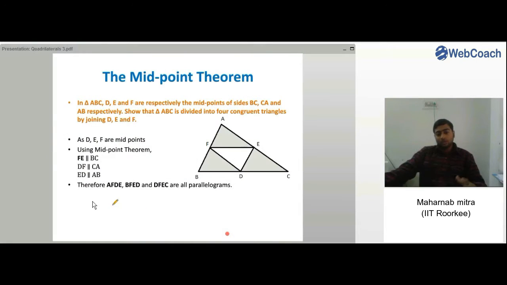Therefore we can say that AFDE is a parallelogram. Why? This was parallel to this, right? And also this side was parallel to this side, right? So this was a parallelogram.